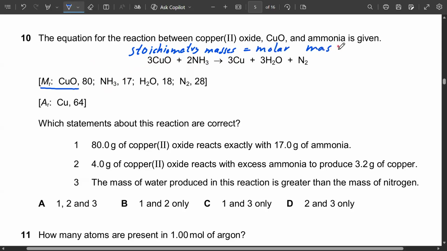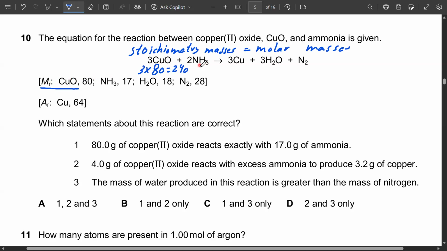So according to molar masses, CuO will have a molar mass of 3 times its MR, which is 80. So 3 times 80 is equal to 240. This is the molar mass of copper oxide.